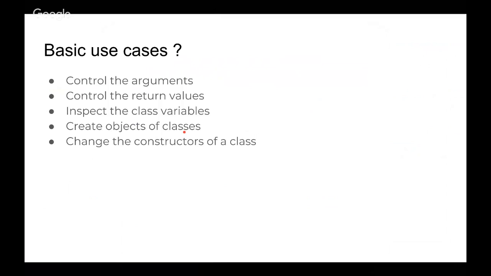Okay, what are the basic use cases? What have we looked at till now? Initially we saw that we can attach to the process and control the variables being passed as arguments or control the return values. For example, I see this mostly in root detection apps, where they check most of the places where root might exist, where the root shell may exist.